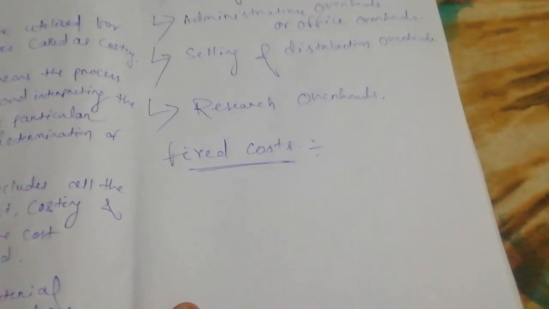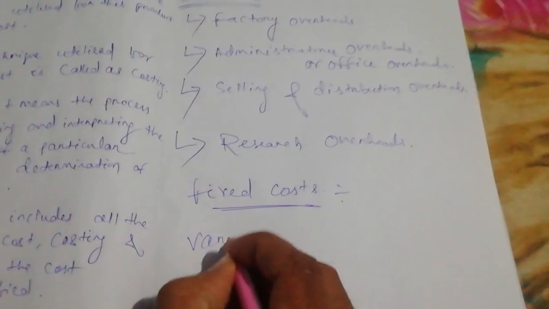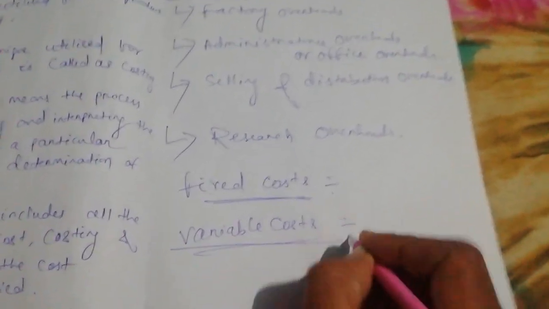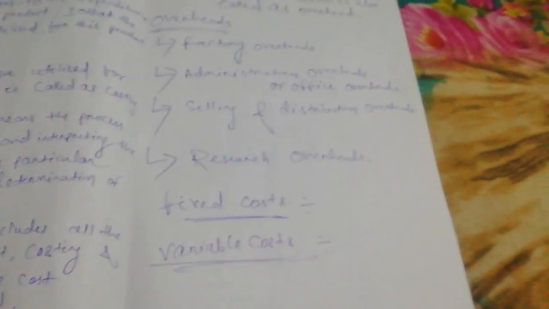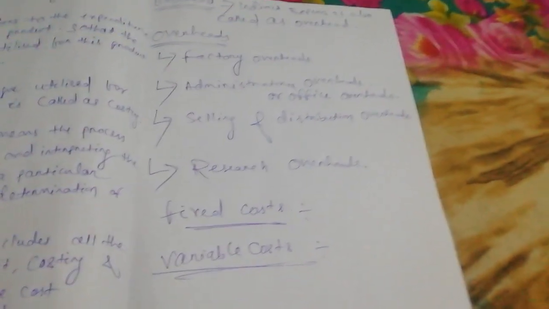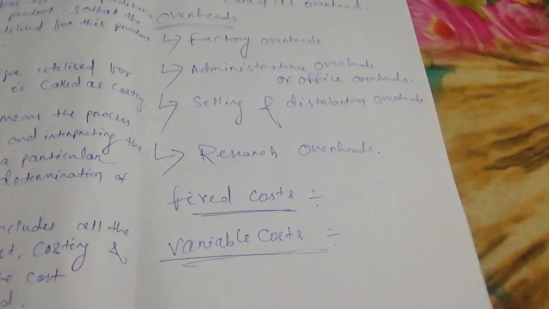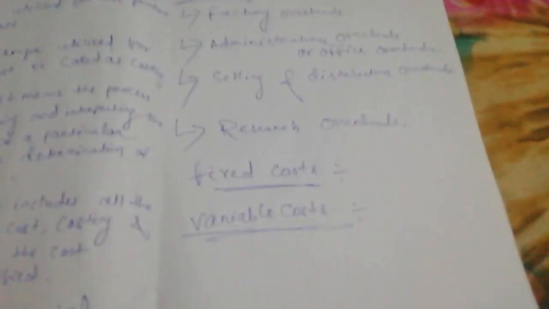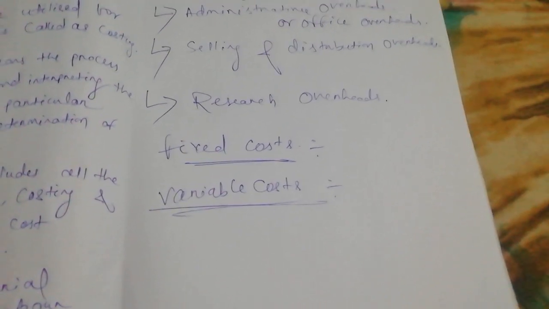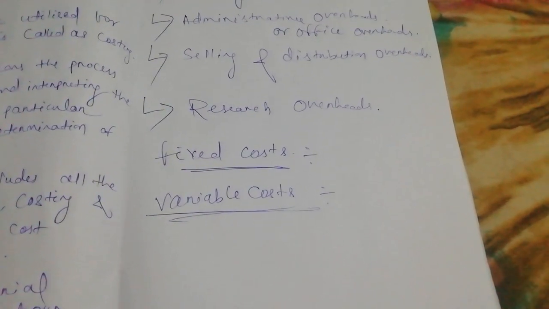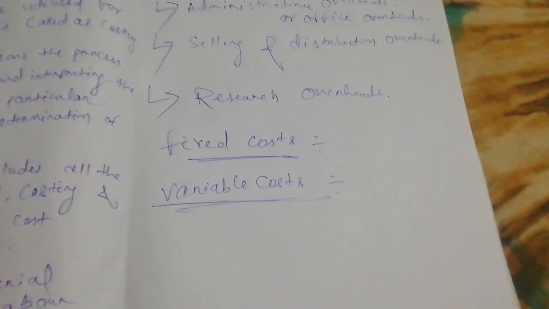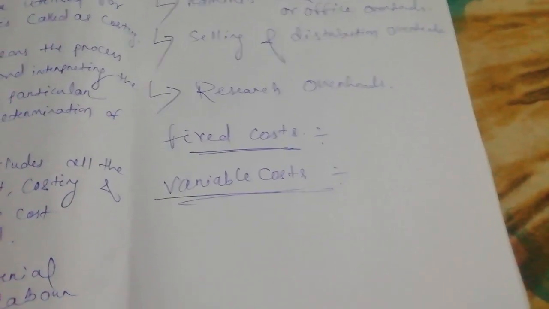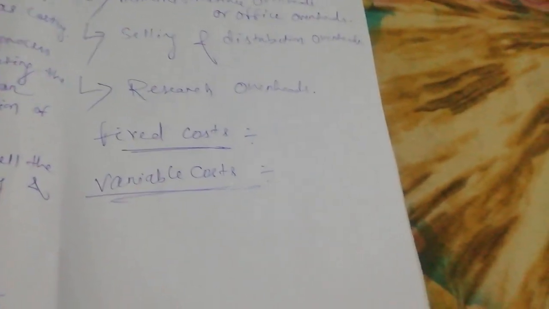Next one is variable cost. These costs are utilized in production when production happens, because if production is more, then definitely these expenditures will be more. If production is less, then these expenditures will be less. If there is no production, then there is no variable expenditure.